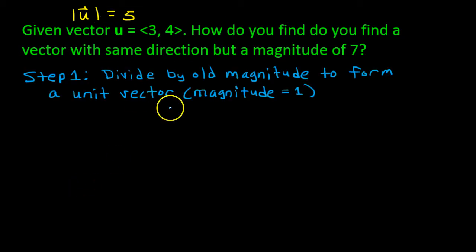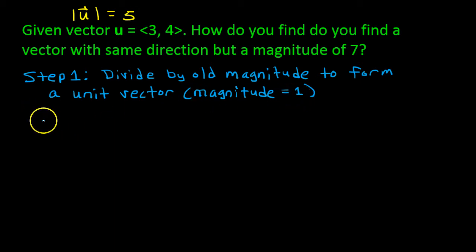We're going to solve this problem in 2 steps. Step 1 is to divide by the old magnitude to form a unit vector, in other words, a vector that has magnitude 1. The original magnitude is 5, so if I divide by 5, then I should have a magnitude of 1.